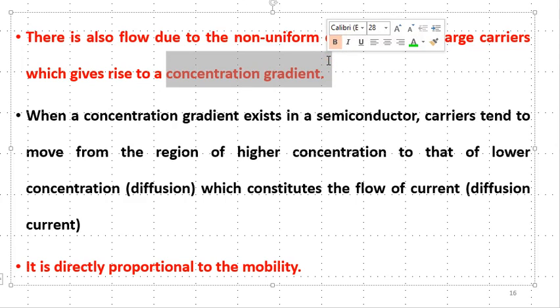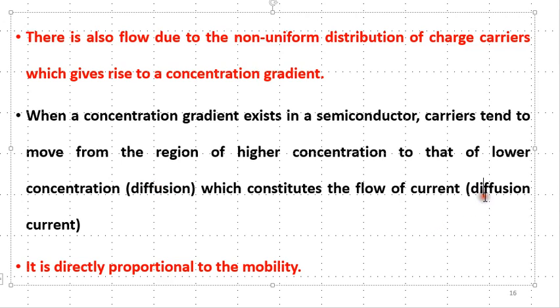And whenever there is this charge concentration gradient in semiconductors, definitely we have free charge carriers flowing, and the movement from a region of higher concentration to lower concentration, we call it diffusion. And the amount of current created as a result of this diffusion of charge carriers, we call it diffusion current.